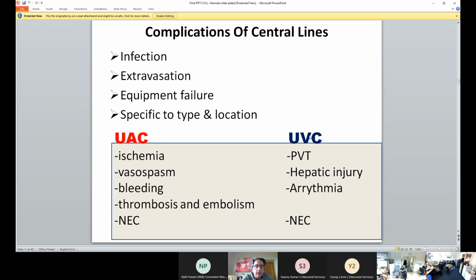Regarding the UVC, the specific complication of the UVC, number one, is portal vein thrombosis. You will be surprised to know that the incidence of portal vein thrombosis with UVC is very high, sometimes up to one third of those with UVC will have this complication.